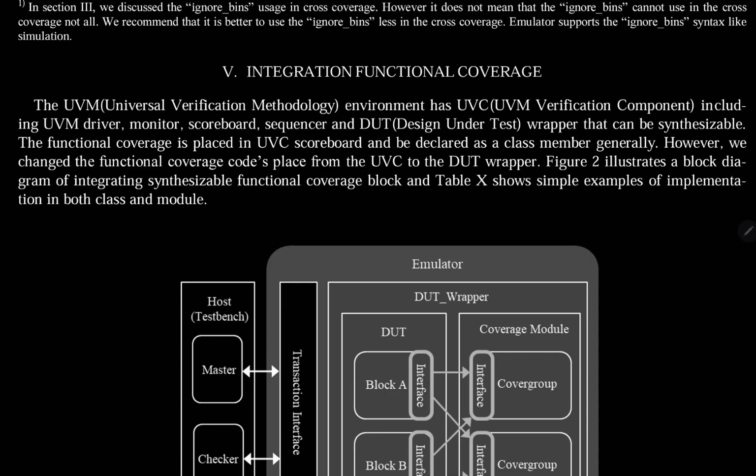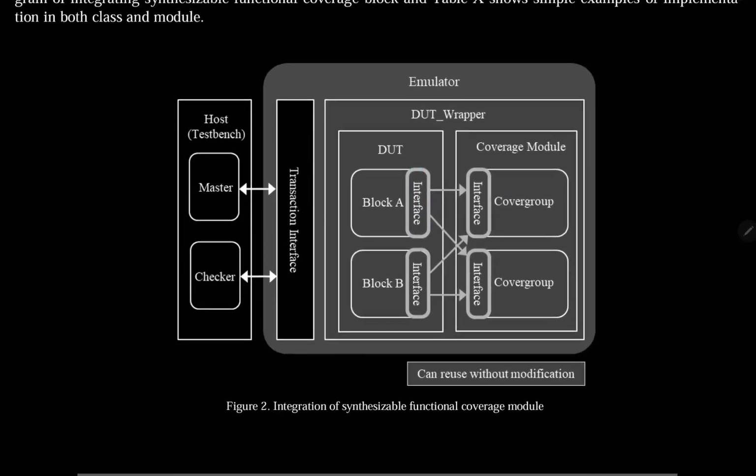However, we changed the functional coverage code place from the UVC to the DUT wrapper. Figure 2 illustrates a block diagram of integrating the synthesizable functional coverage block, and Table 10 shows simple examples of implementation in both class and module.